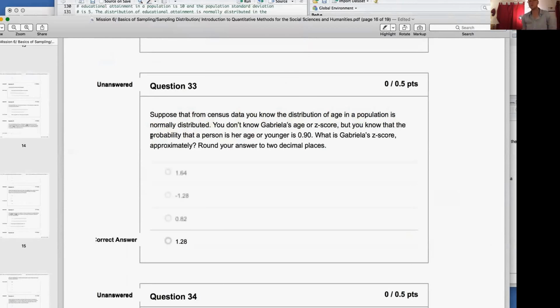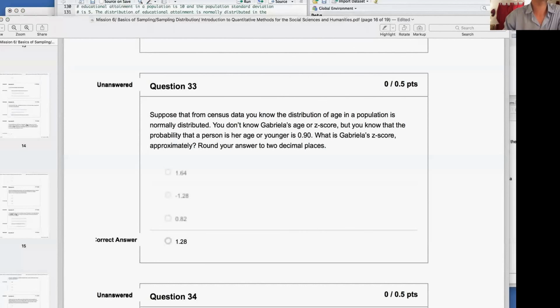Well, this is where you go from the table, because we can take a z-score and get an exact probability, we can also take a probability and get a z-score. So here we take the probability table. I'm just going to show you a normal probability z-score table.